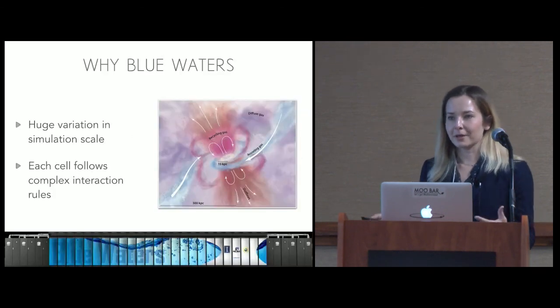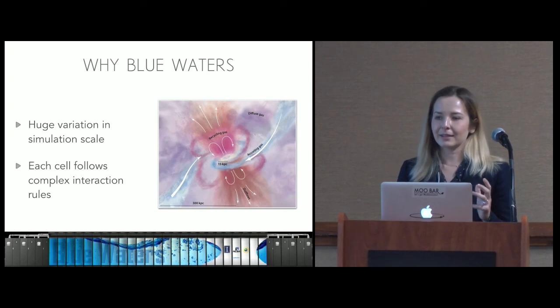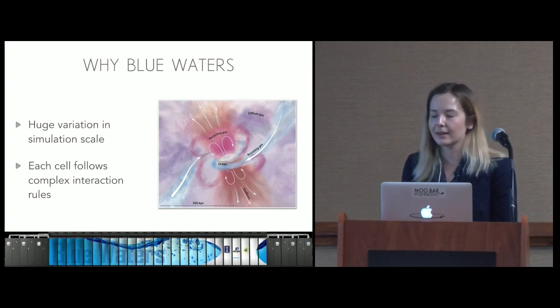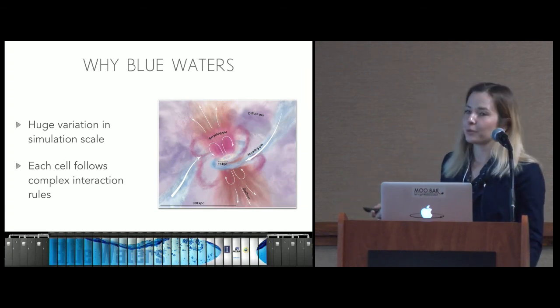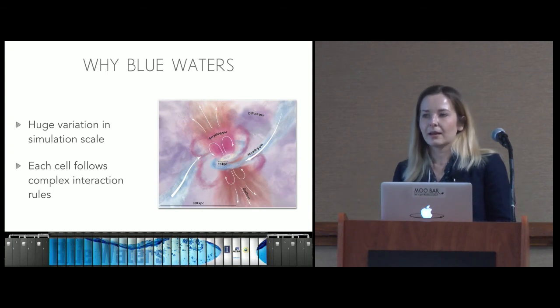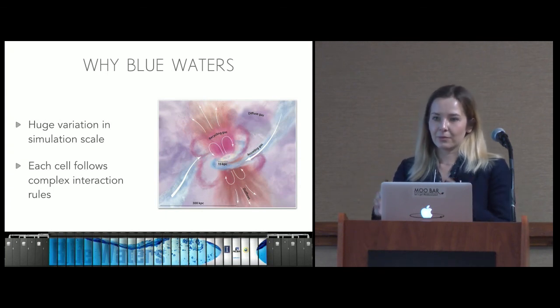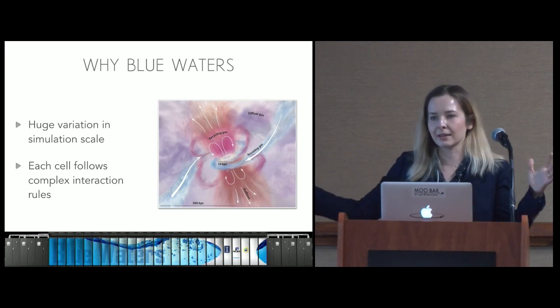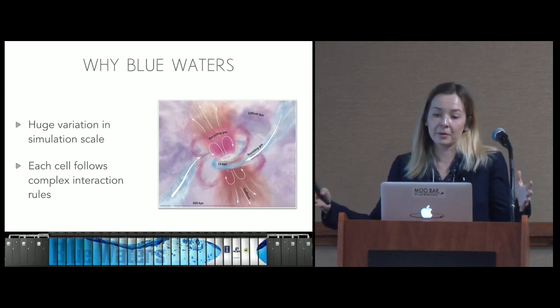So here is where Blue Waters really comes into play, because simulating a galaxy involves a wide range of scales. We're looking at the CGM, which spans hundreds of kiloparsecs. To put that in context, the galaxy box is a megaparsec.